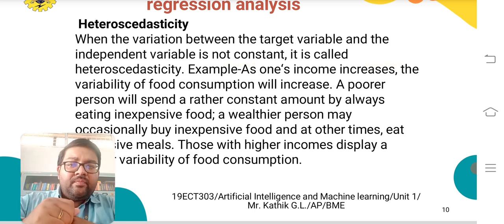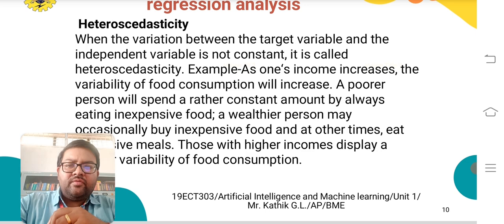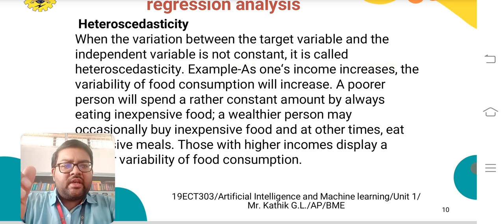A poorer person will spend a rather constant amount by always eating inexpensive food, whereas a wealthier person may not always take expensive food. He sometimes may take inexpensive food also. So we cannot say that income is directly proportional to food consumption. This is one example of heteroscedasticity.